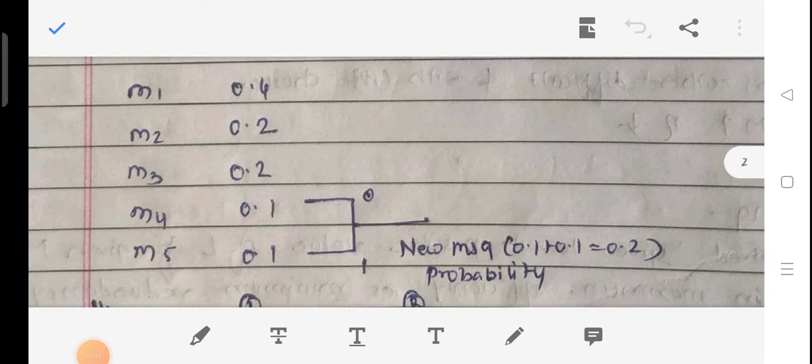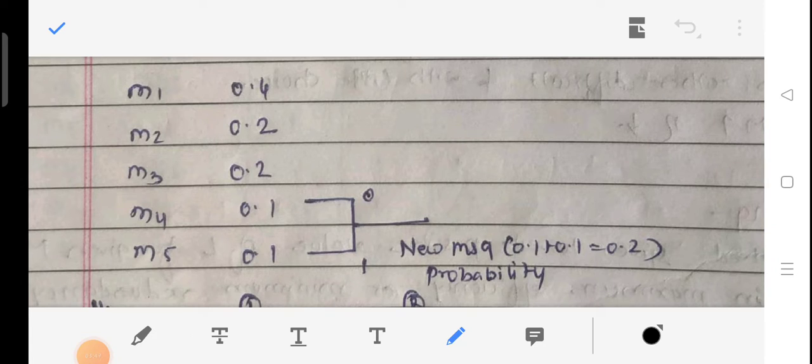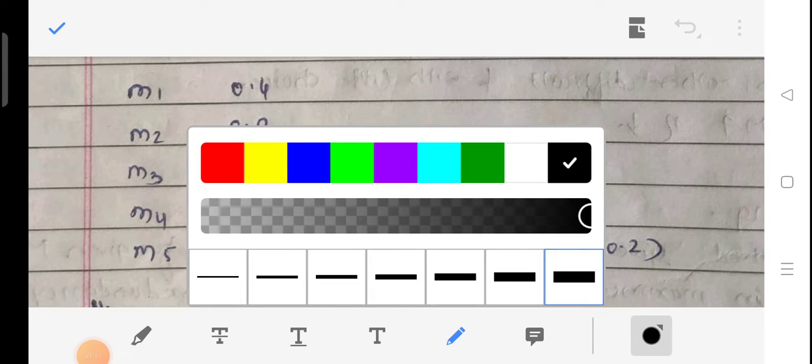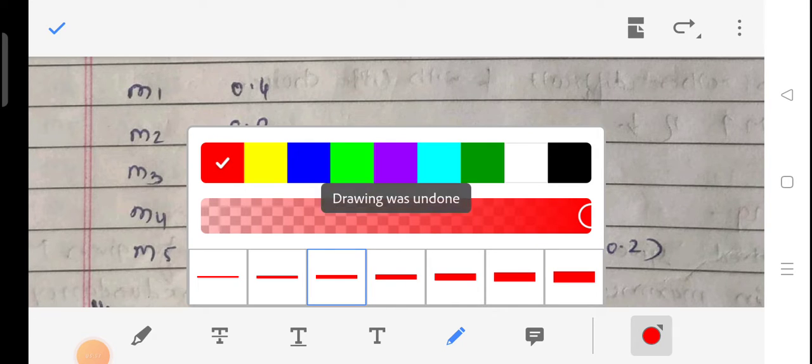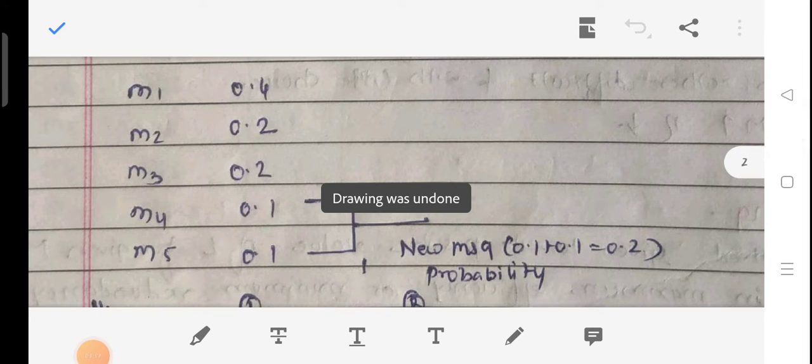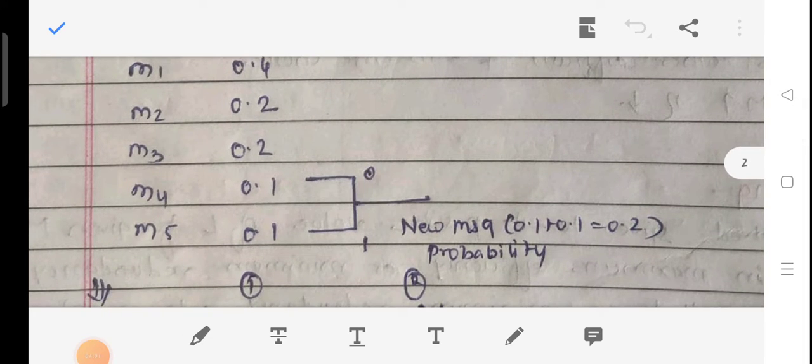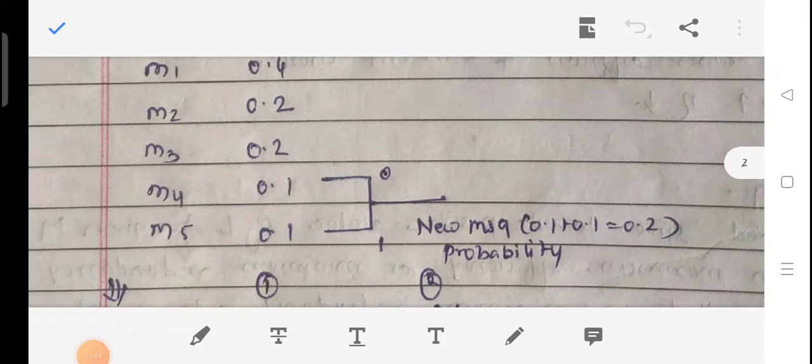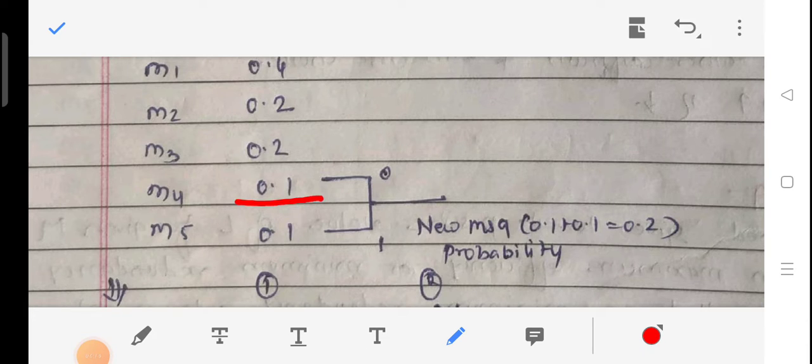We have to list out the messages with the lowest probability value. So M4 and M5 are the two messages with the lowest probability value, 0.1 and 0.1.